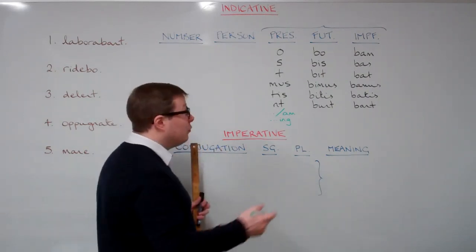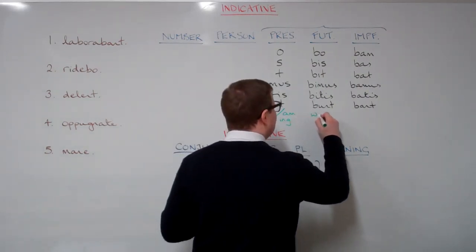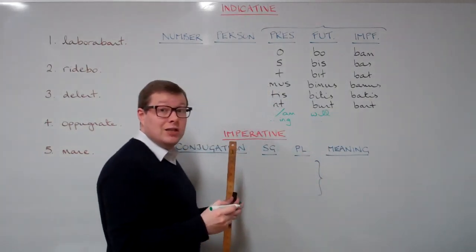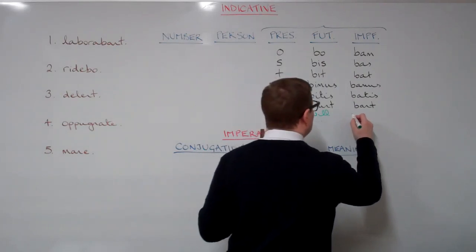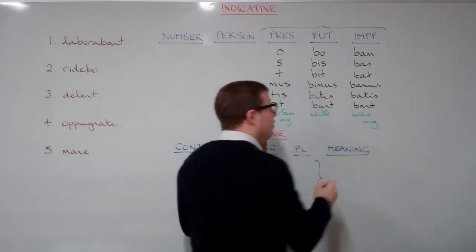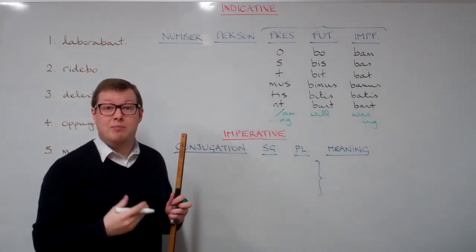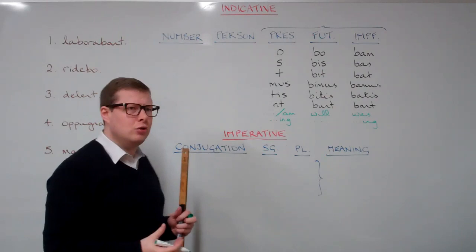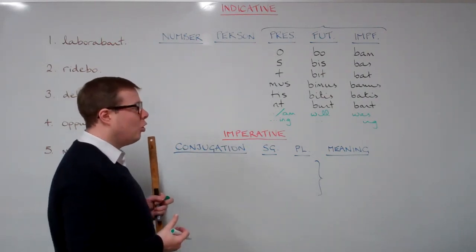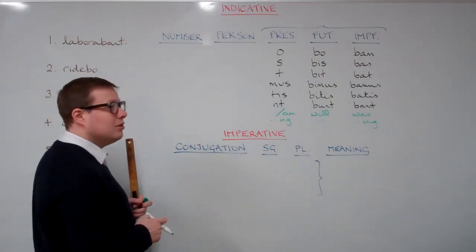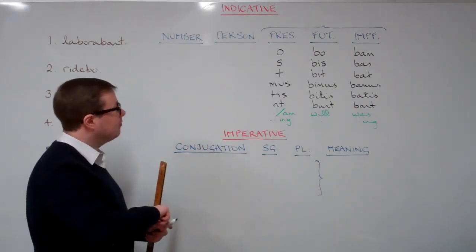The future tense, of course, will something, an action that has yet to take place, while the imperfect is was or were doing. Occasionally, the imperfect can be translated as I began to or I used to, but that's fairly unusual. By far and away, the most common meaning is was or were carrying out an action continuously in the past.